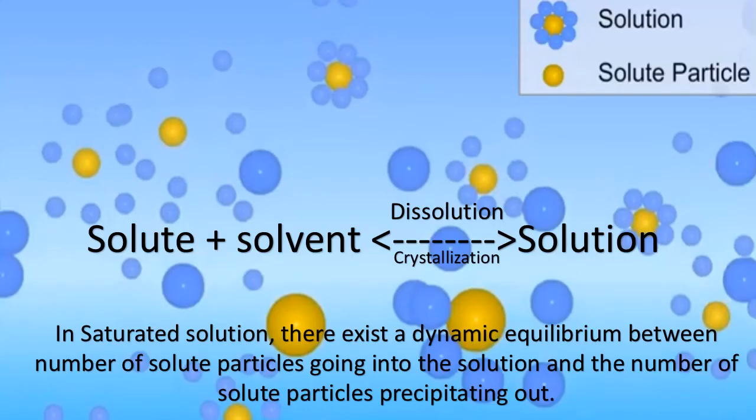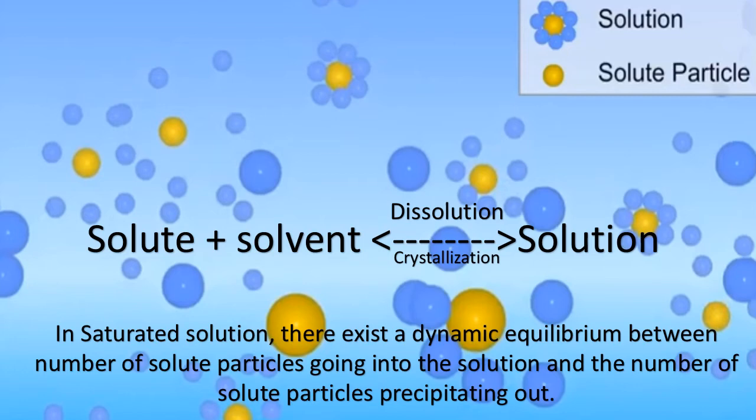If you take a saturated solution and add a little more solute particles, the number of solute particles getting dissolved will be equal to the number of solute particles precipitating out.